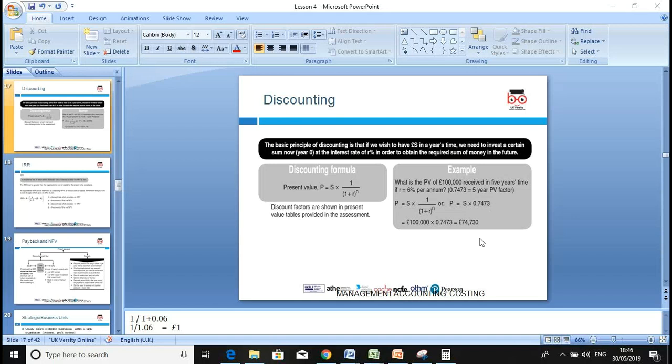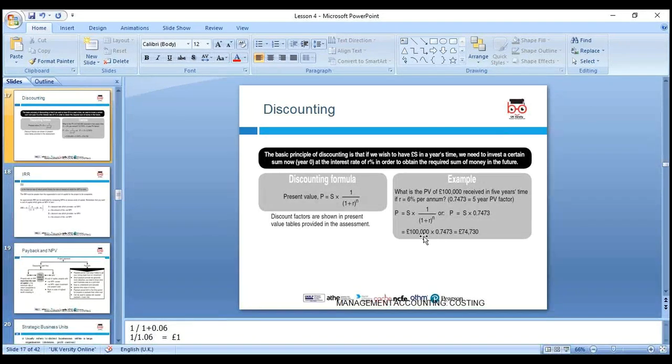If somebody says you invest 80,000 and you will get 100,000 after 5 years, then 100,000 times 0.7473 means the real value of 100,000 will be £74,730.